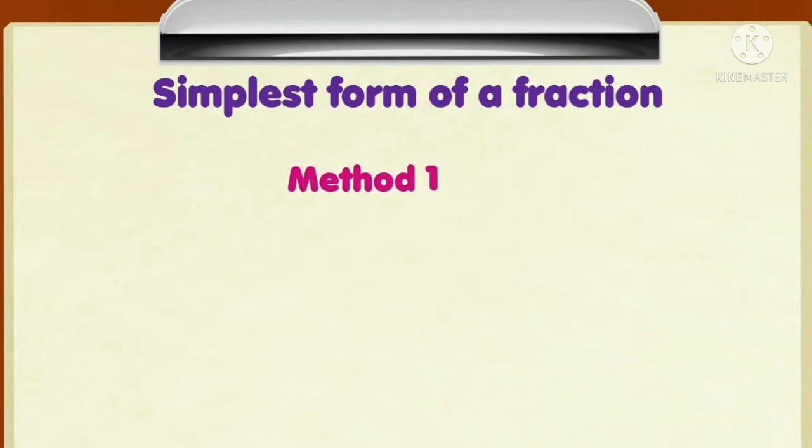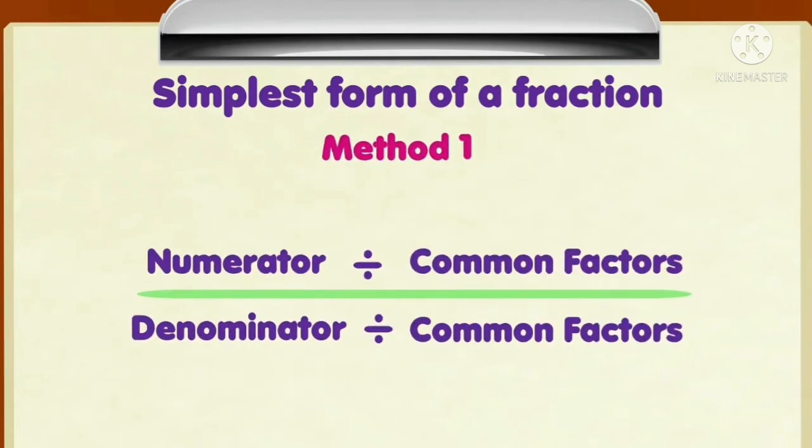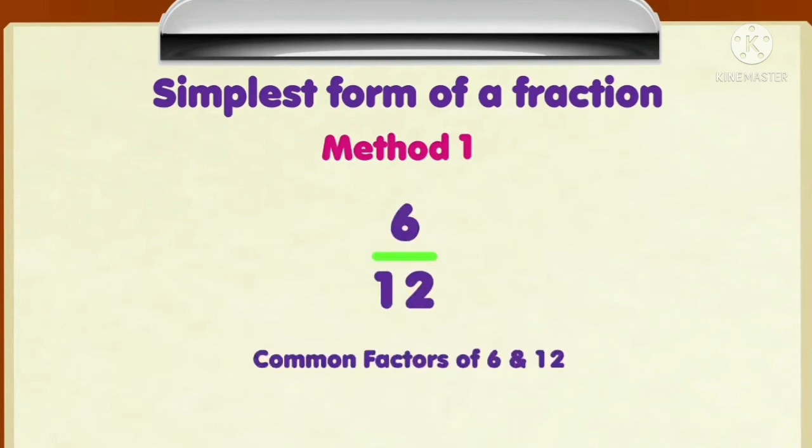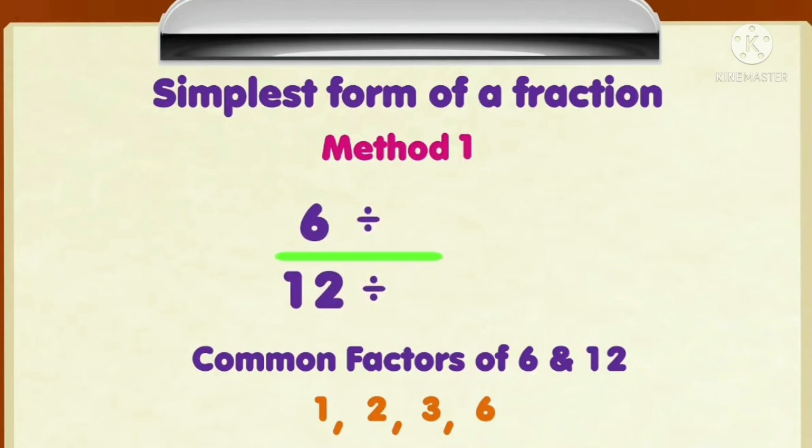We can simplify any fraction into its simplest form by using any of the two methods. Method 1. Divide the numerator and the denominator by the common factors until they have only 1 as the common factor. Let us take the fraction 6 upon 12. The common factors of 6 and 12 are 1, 2, 3 and 6. First, let us divide the numerator and the denominator of the fraction by 2. 6 divided by 2 equals 3 and 12 divided by 2 equals 6.